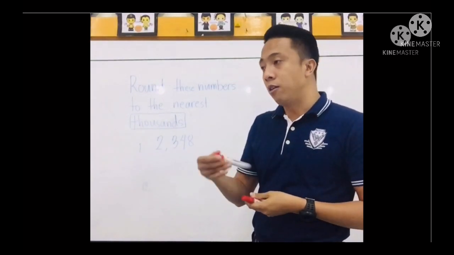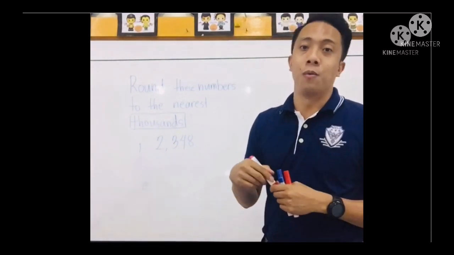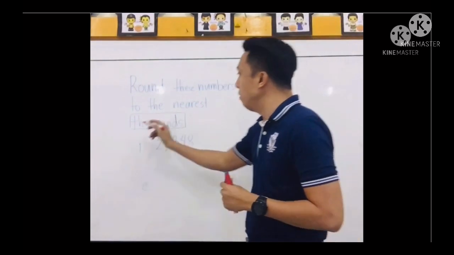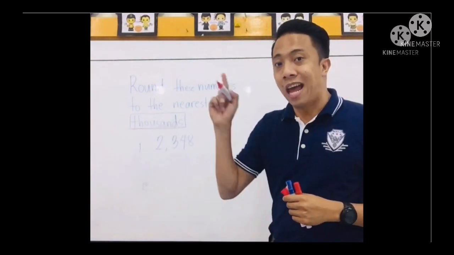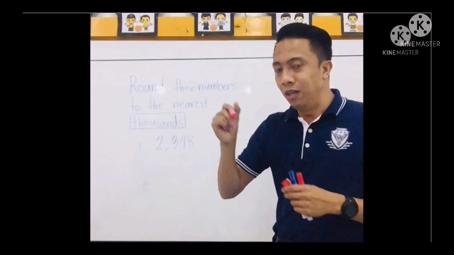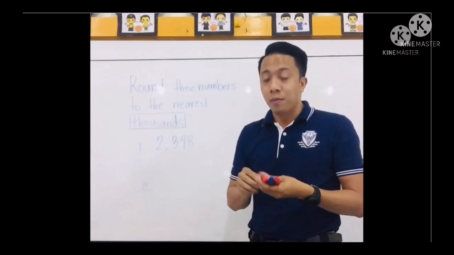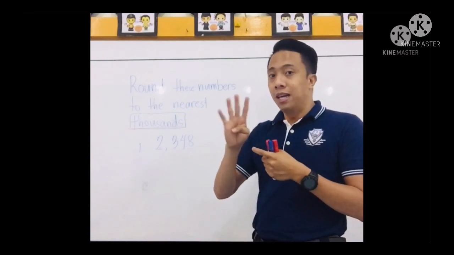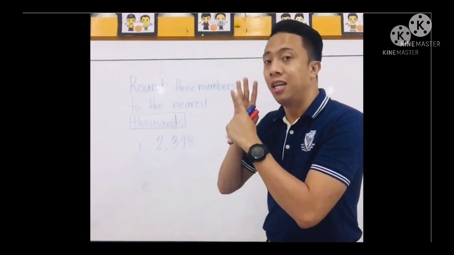The first reminder is we need to identify the given place value. Our given place value is thousands. Right? Thousands. If you count on your fingers using the place value words, it must be on the fourth digit.